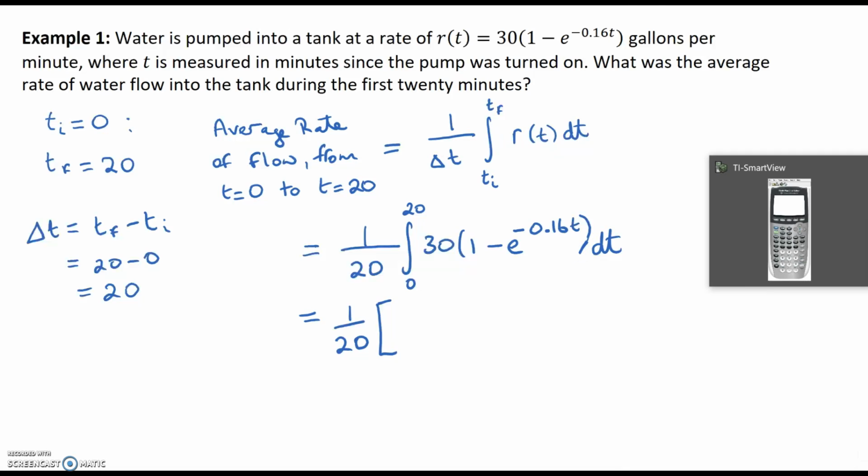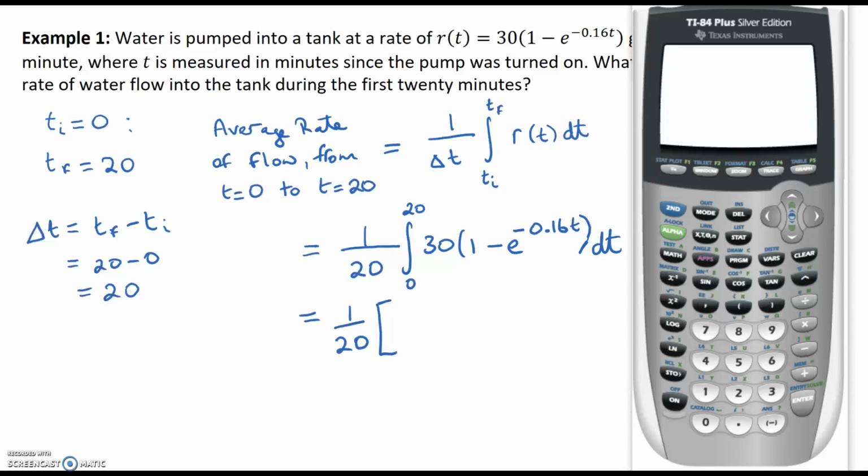Okay, so let's bring up our calculator. Mine, remember, is old and looks a little bit different to you. So math 9. Now we put in the expression that we're going to integrate. So it's 30 times (1 minus e to the negative 0.16 t), or in this case x.